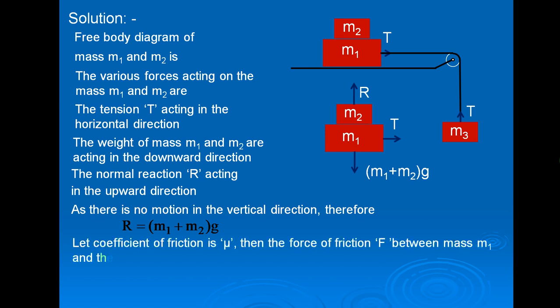Let the coefficient of friction be mu. Then the force of friction capital F between mass m1 and the surface is given by F equal to mu into capital R. Putting the value of capital R, F becomes equal to mu into m1 plus m2 into g. Let it be equation number 2.